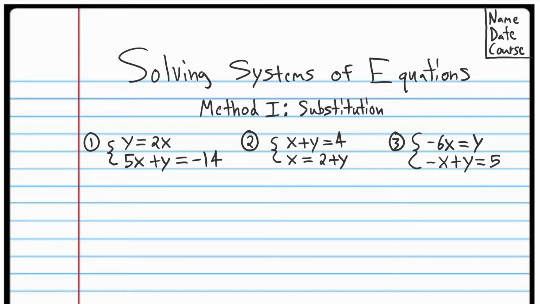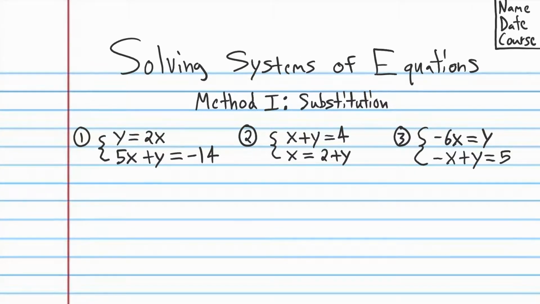Or that's what we need to do in these systems: find x and y. So again, when you're solving systems of equations, you have to figure out x, y, and any other variables that may be present in the system. But again, in this class, we only have to figure out two variables. So we have to identify x and y.